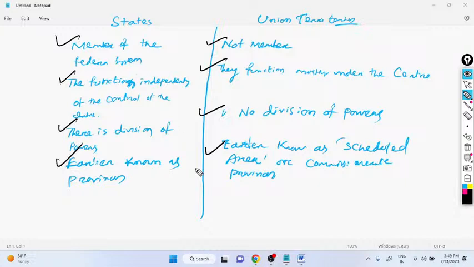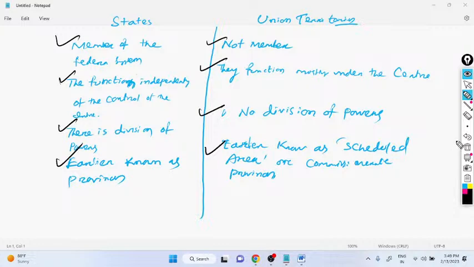They are administered directly by the center, hence they are called centrally administered territories. Centrally administered territories. So that is the thing.